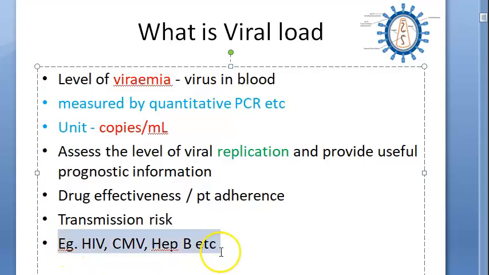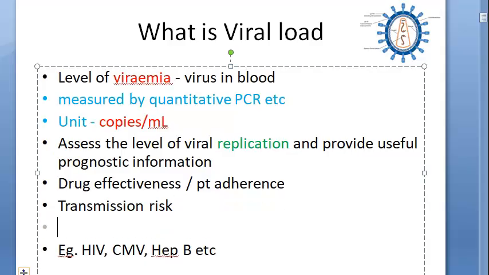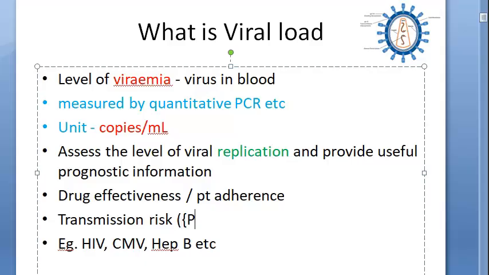And this viral load you don't have to use only for HIV. You can use for so many other viruses, okay, like cytomegalovirus, hepatitis B, C, etc. One more thing is there, transmission risk, okay, from person to person or even from parent to child, right? Parent to child transmission can be there, which you have to think about. So it's not just sexual transmission or something.